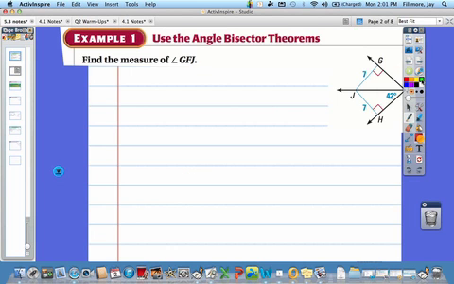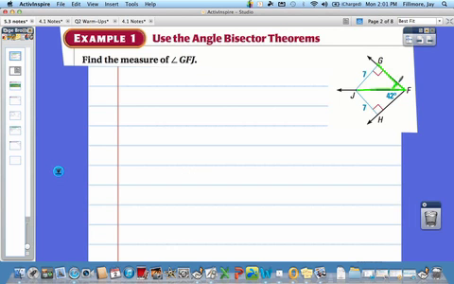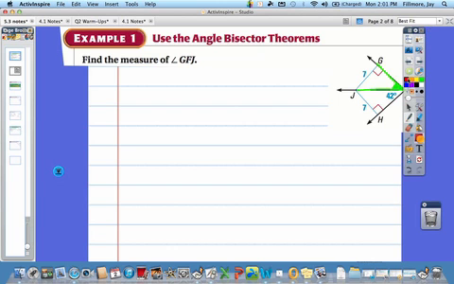Here, the question is asking us to find the measure of angle GFJ. GFJ is this portion here. Well, we don't know what this whole angle is, so we can't determine it that way. We don't know automatically if it's an angle bisector, but let's see if we can deduce that using some reasoning.